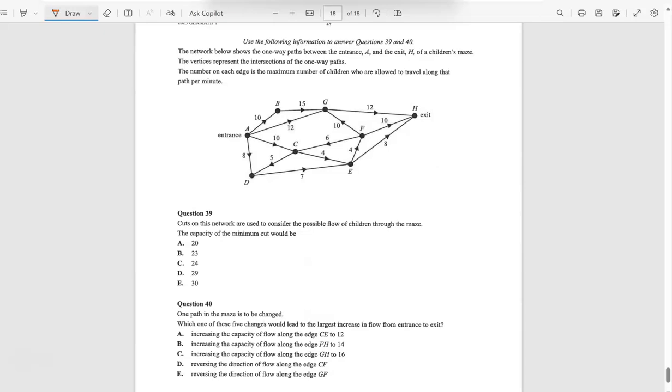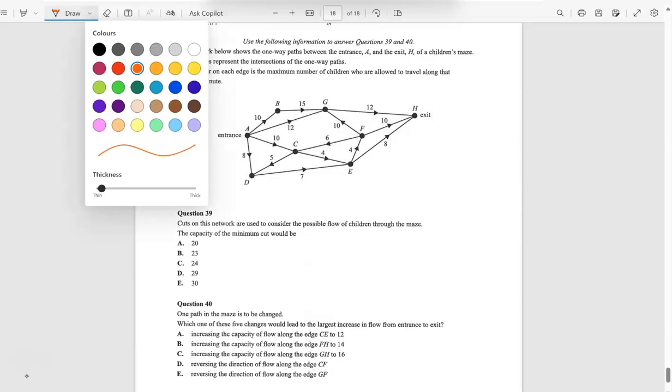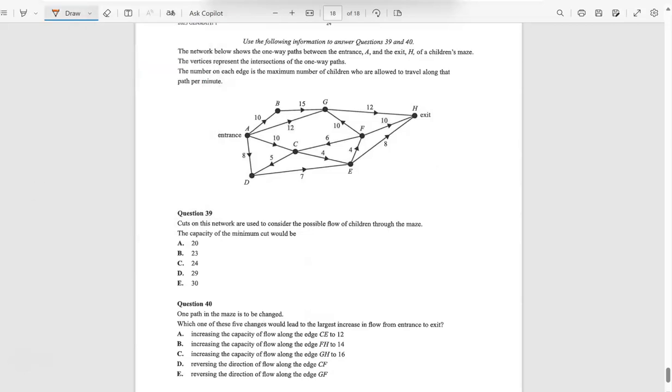The capacity of the minimum cut would be. So you just need to find maximum flow. We don't really do the cut method. Remember, we start at the top and we work through. And if you do that method, it can make the next question, 40, which was the problem question, easier to do because you've sort of looked at it.